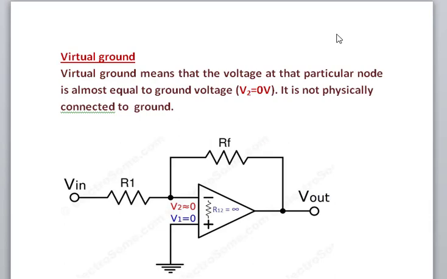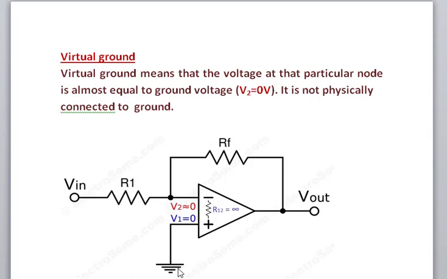Next, virtual ground. What is virtual ground? We know what ground is. Any terminal which is physically connected to the ground is known as ground. But here, the voltage at a particular node is almost at ground voltage, though it is not physically connected to the ground. This ground is known as virtual ground.